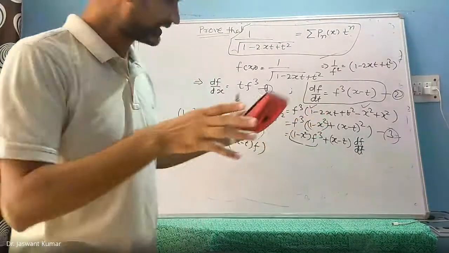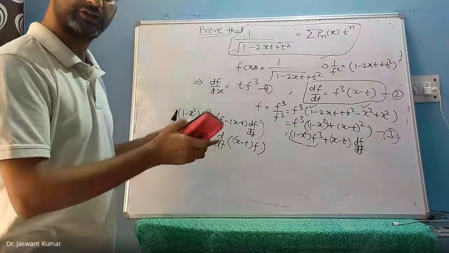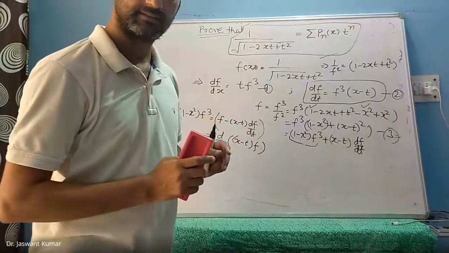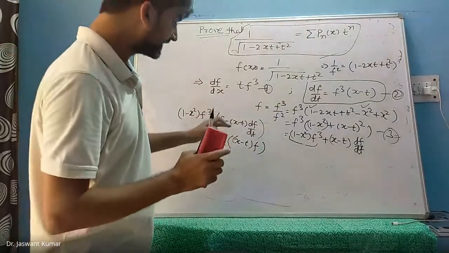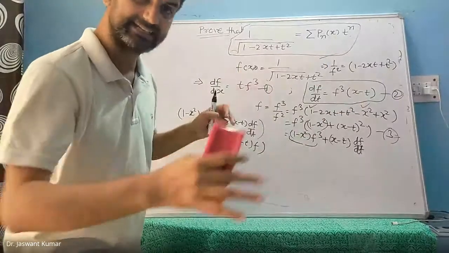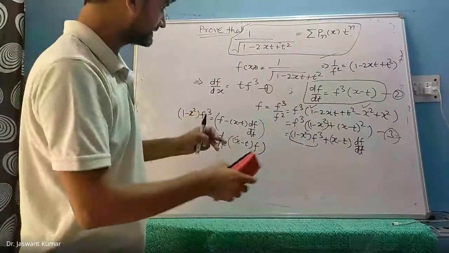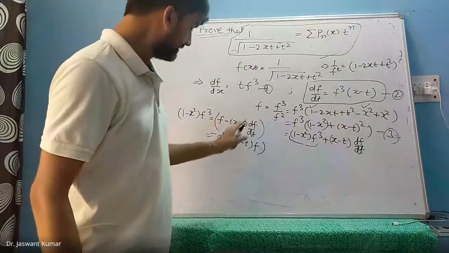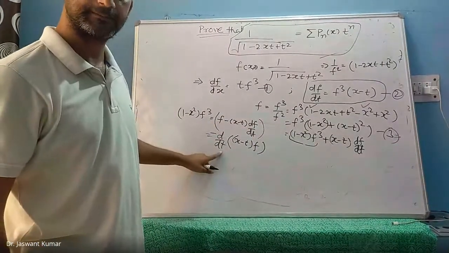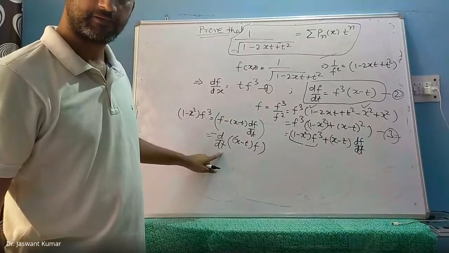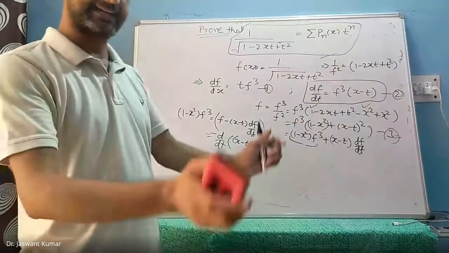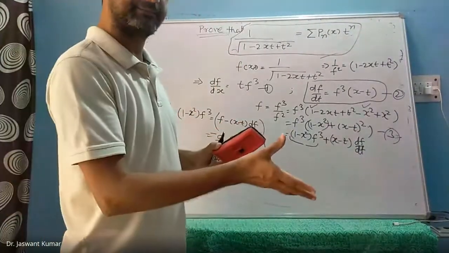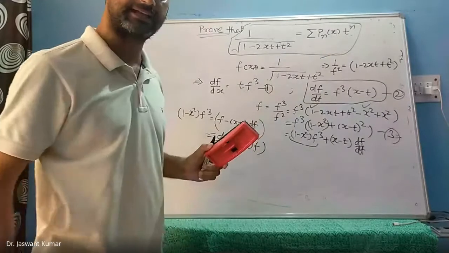So ultimately we are going to take a d by dx of 1 minus x square into something. We are just rearranging the terms. There was no need of writing this f like this, but this f has given us this particular equation. So we are first trying to solve different mathematical expressions so that we can insert all of them into one particular equation.